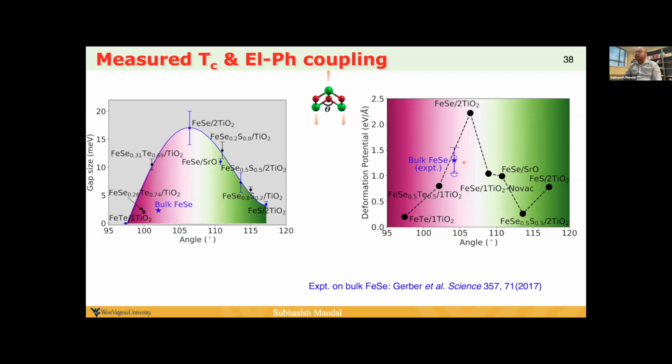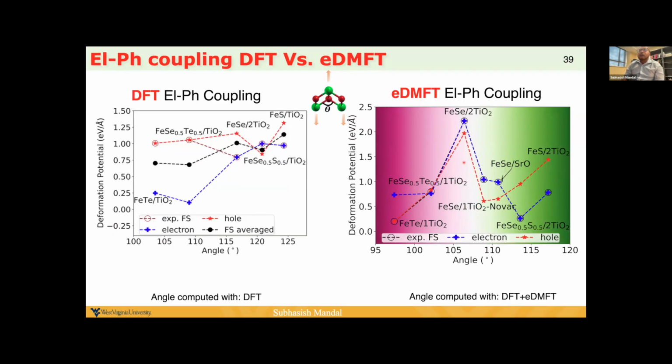And this was quite interesting to us. And if we compute the same thing with DFT, where there is no fluctuating moment, first of all, the angles are off, quite larger, deformation potentials are quite low, and they do not follow any trend.